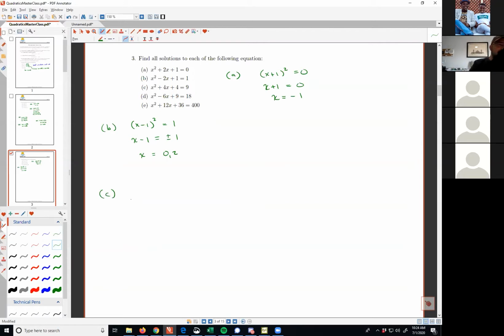So part C. Somebody turn this equation into an easier equation for me. x plus 2 squared. Okay, now what? We find the square root, so it's x plus 2 equals plus or minus 3.